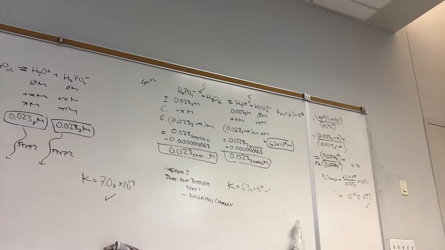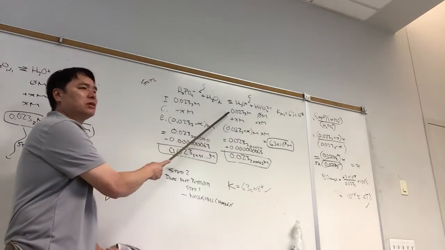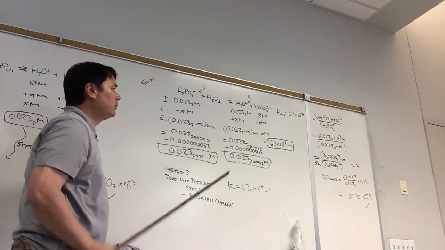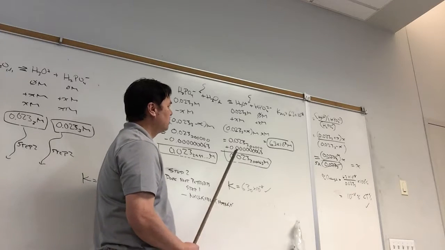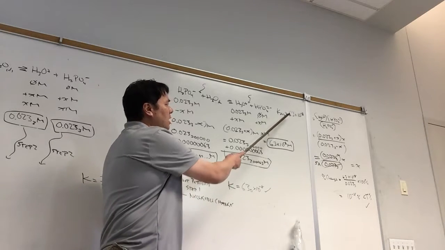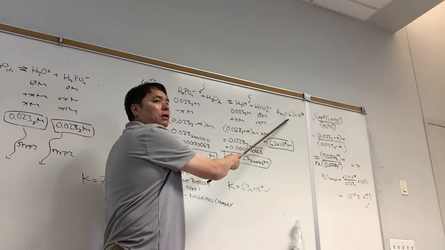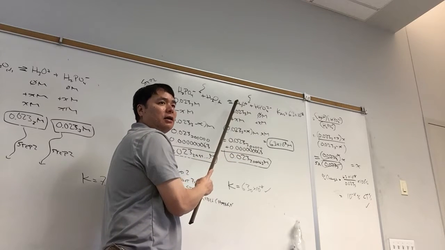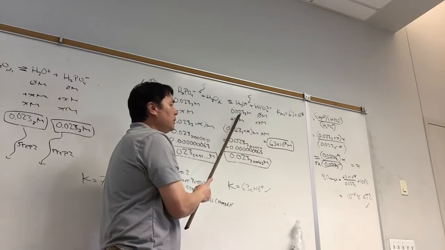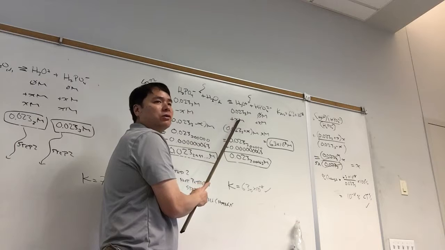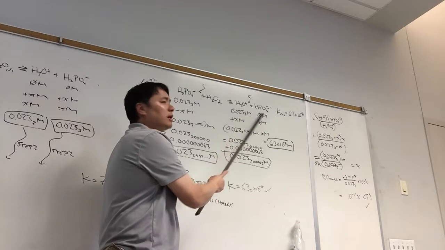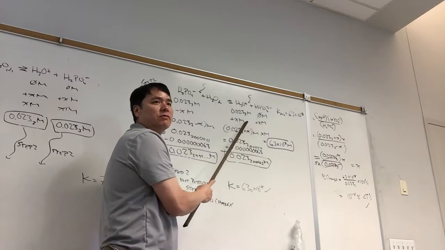But we see something already. We see that practically all the hydronium is going to be generated in step 1. If we look at step 2, did we get much additional hydronium? No. We didn't get much additional hydronium because of 2 reasons. 1, the K is small. And 2, the common ion effect. The common ion effect means that we can't generate much hydronium because that will attack any monohydrogen phosphate that's being formed.